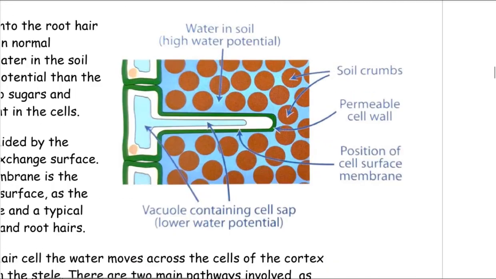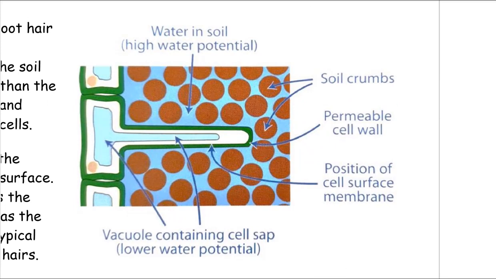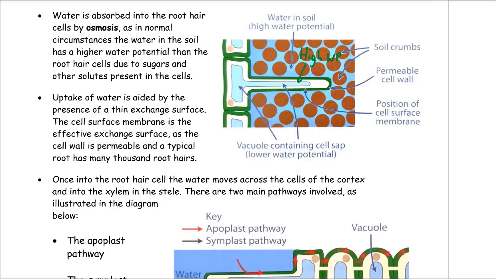So, as we know about water potential, water will move from an area of high water potential, which in this case is in the soil, to an area of lower water potential, which is in the plant cells. So water enters the root hair cells by osmosis, from an area of high water potential to an area of lower water potential.